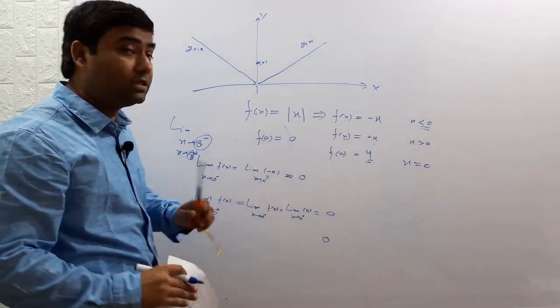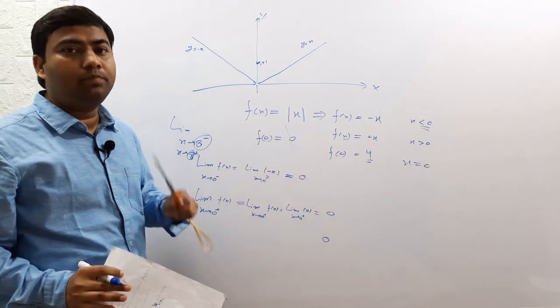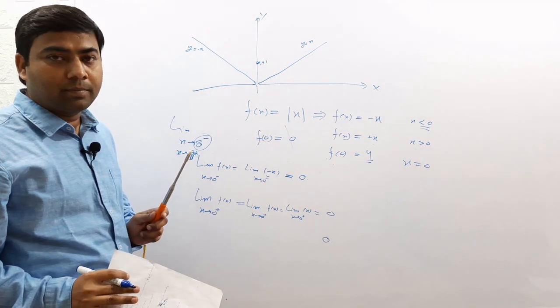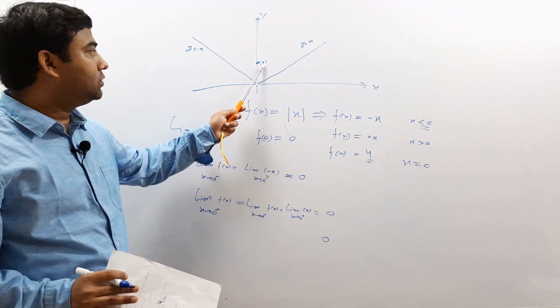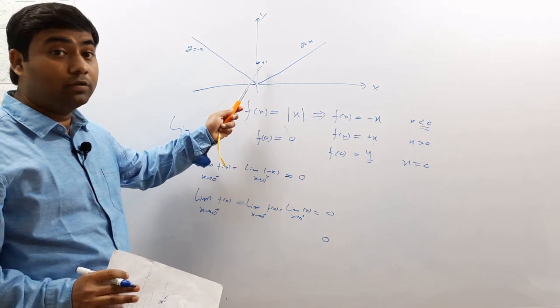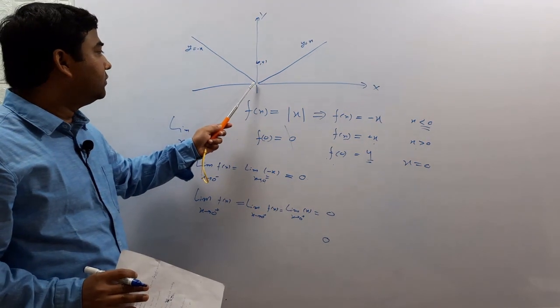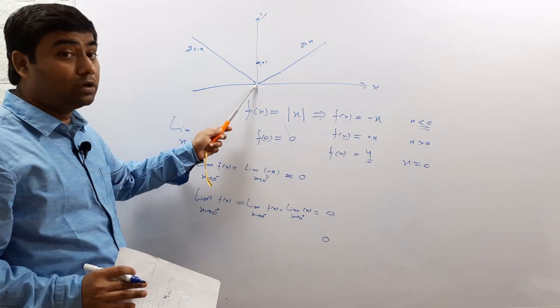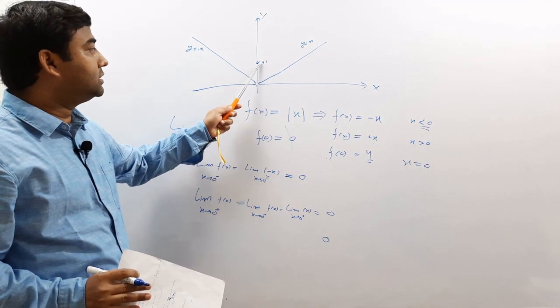So the function becomes discontinuous, because the origin is not a point which lies on this function. Instead of 0, the value of the function is 4, hence the point (0, 4) will lie on the function. So the function is this very close to 0, this very close to 0 but not equal to 0, and at x equal to 0 it is this.